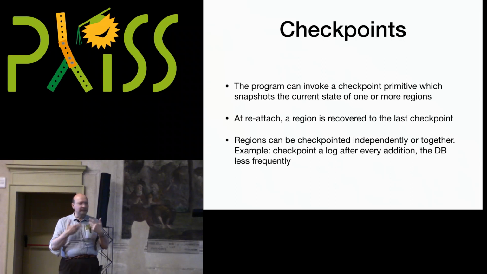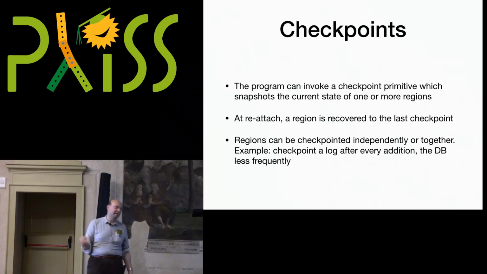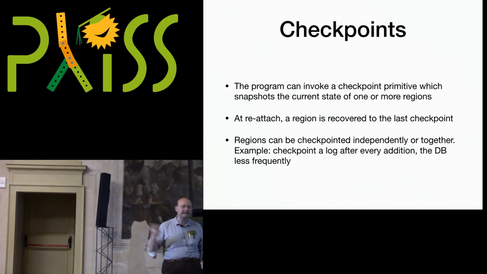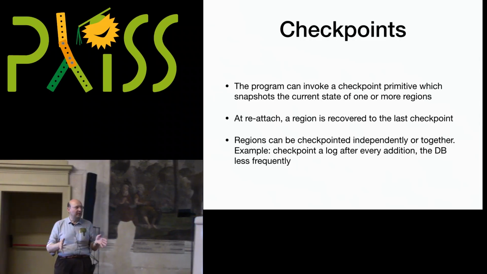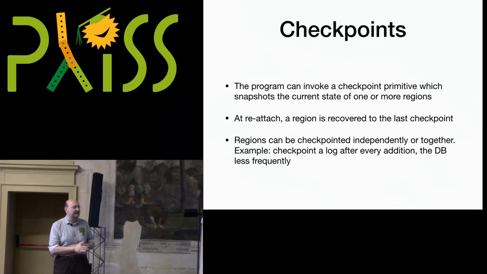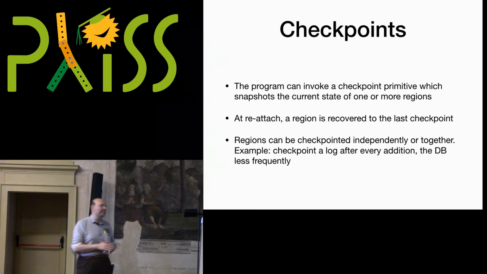Is it time to get the program running? Is it scalability? Is it performance? I don't doubt that there is a single winner that beats everything else on all scales, which means that we probably need different approaches. But I've gone the other direction, which is simple checkpointing of regions under the control of the programmer.